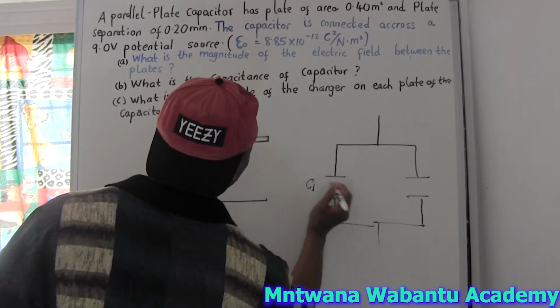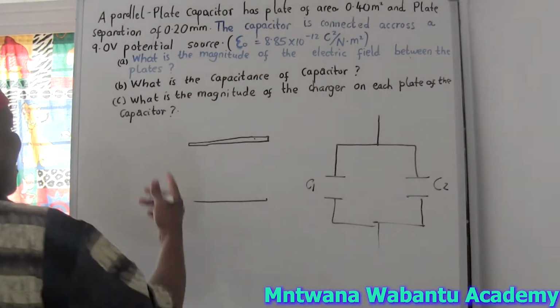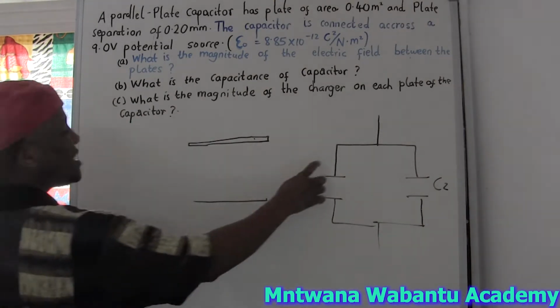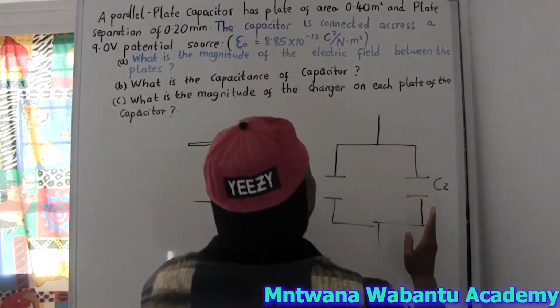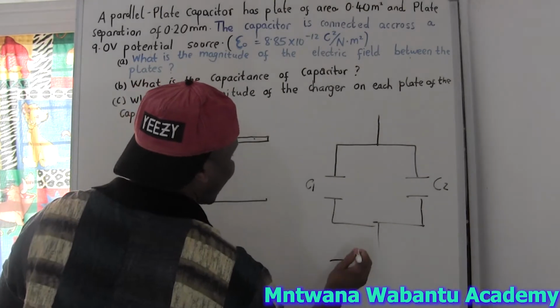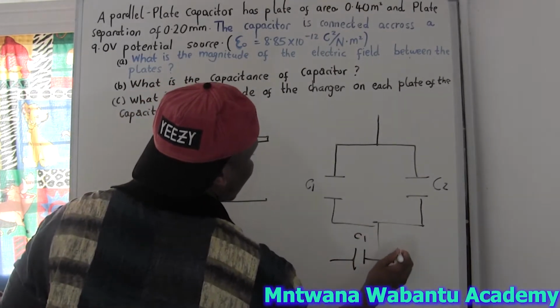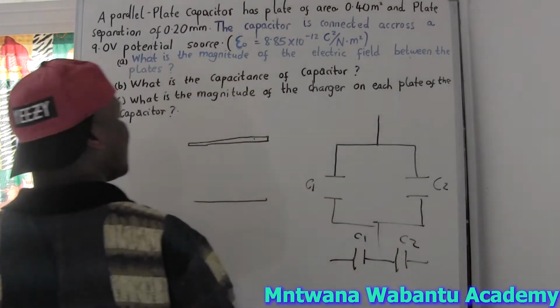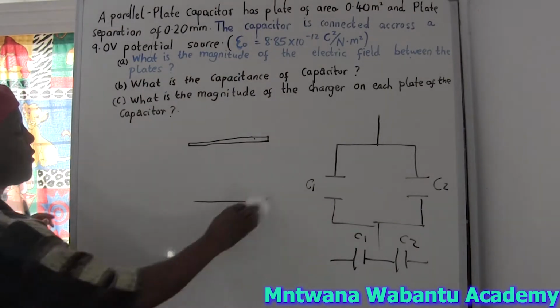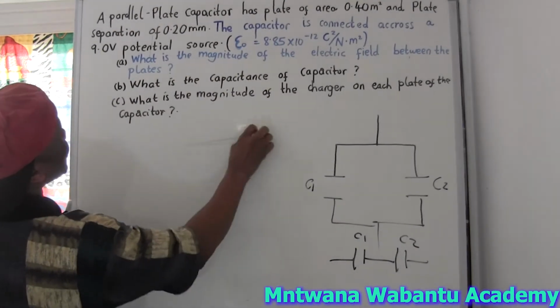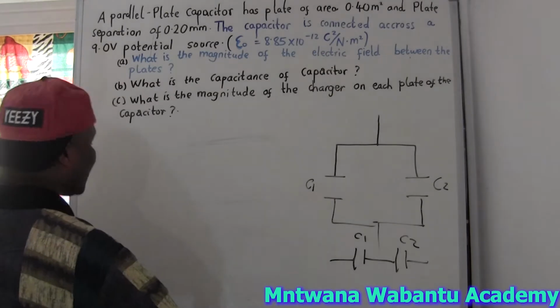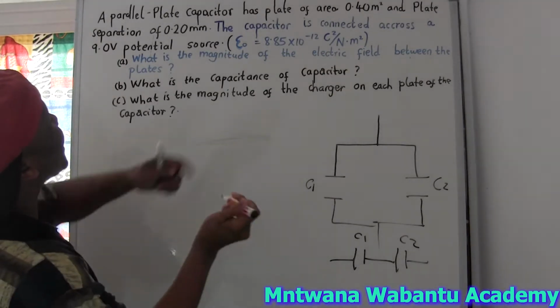Let's call this capacitor 1 and this capacitor 2. So these two are parallel because look, it's like this. But for series, it's something like this: capacitor 1 and another capacitor 2.